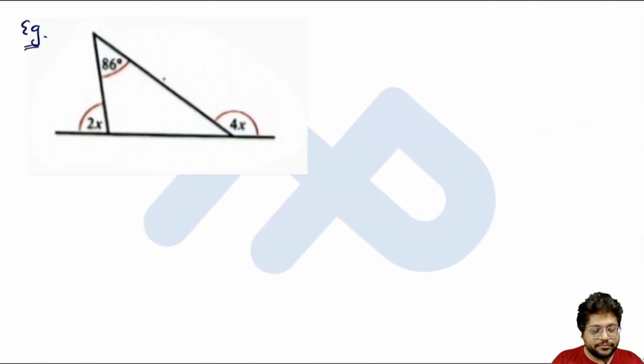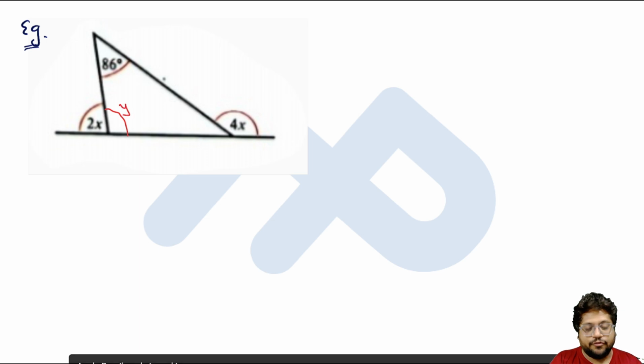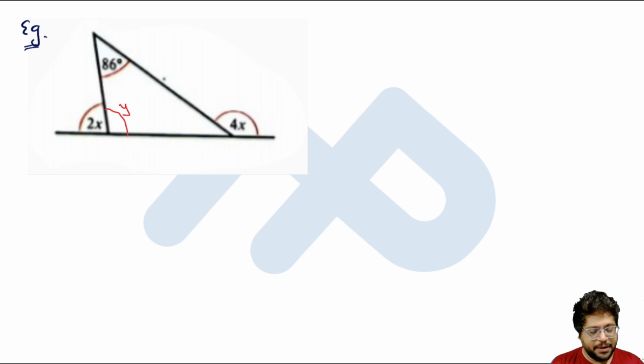Let's see another example. You see, I want to find here X. Now here directly I cannot use any property. So what I'll do, I'll replace this angle by a letter Y. And now you already know that linear pairs are supplementary, right?